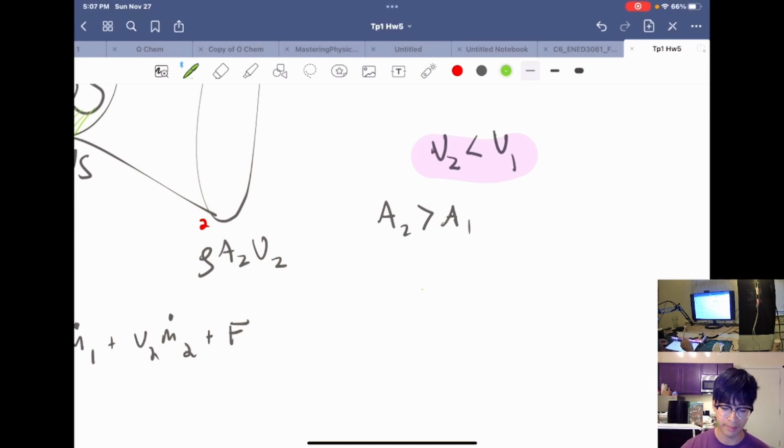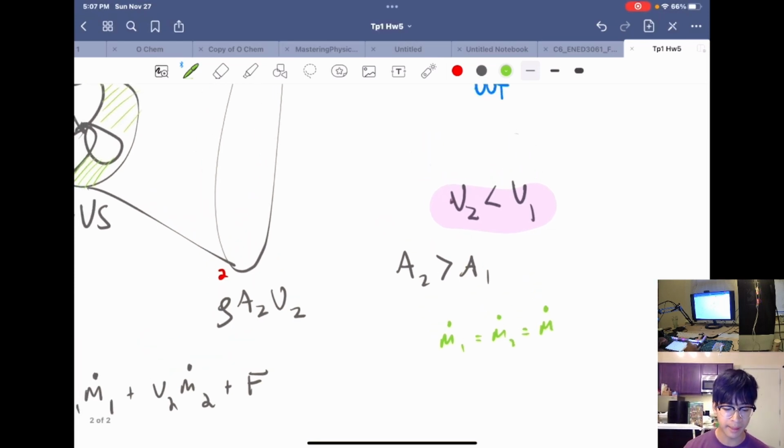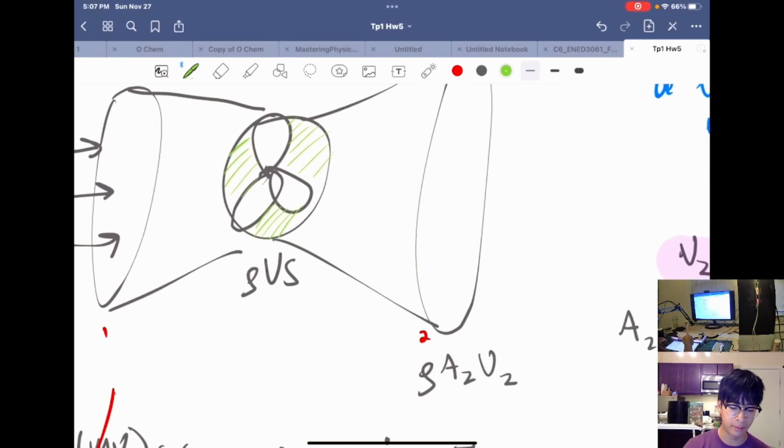In other words, the mass flow rate of 1 has to equal the mass flow rate of 2, which we can just call the mass flow rate in general. This mass flow rate can be defined by rho multiplied by the velocity at the position in which the turbines are being influenced, multiplied by the cross-sectional area of our control volume that we have defined, rho vS.